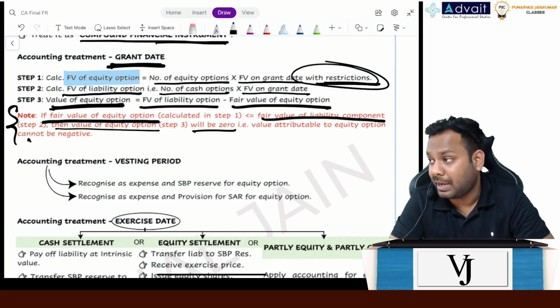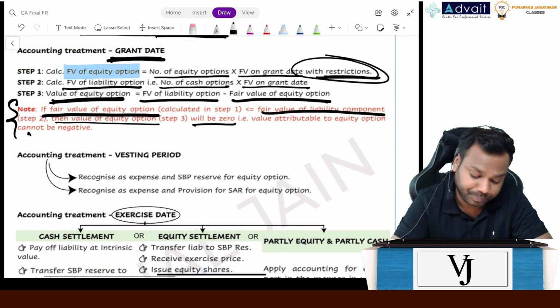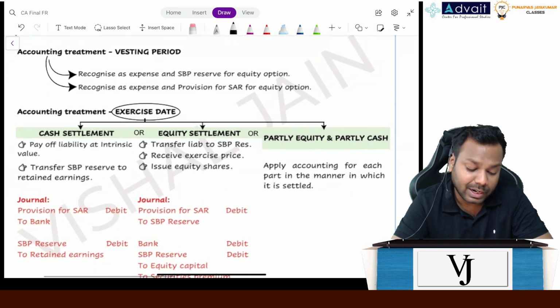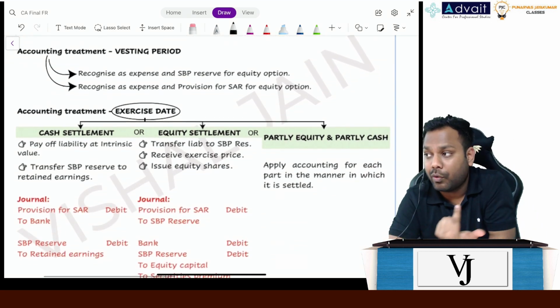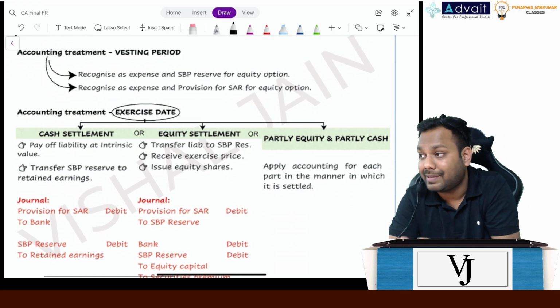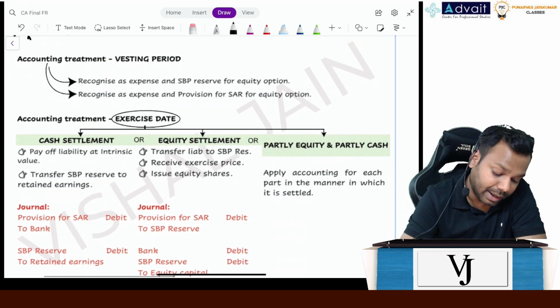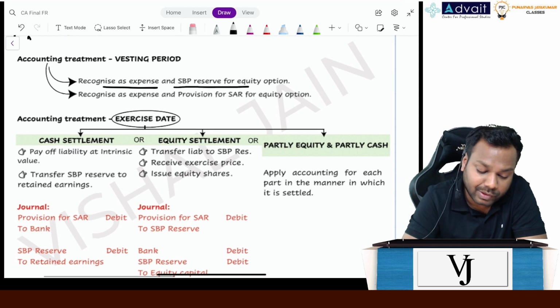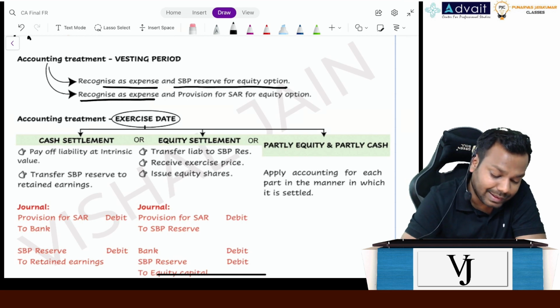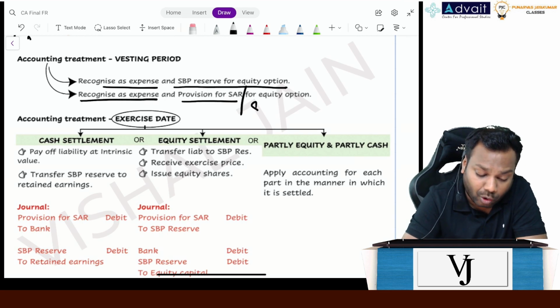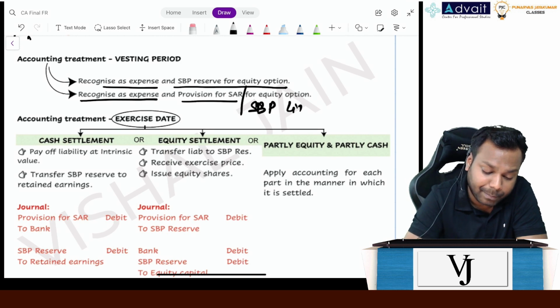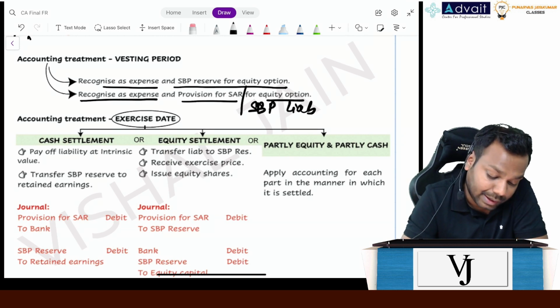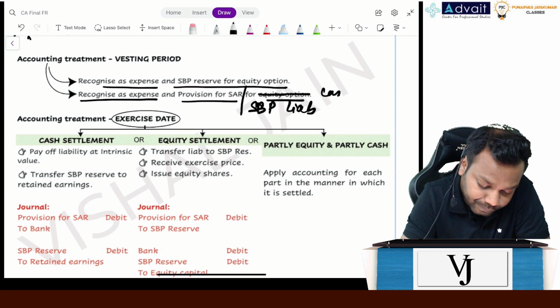It cannot be negative. Is it clear, everyone? Now, accounting treatment during the vesting period, the period over which we are satisfying the vesting conditions, is recognized as expense and SBP reserve for equity option, recognized as expense and provision for SAR or SBP liability for cash settled option.